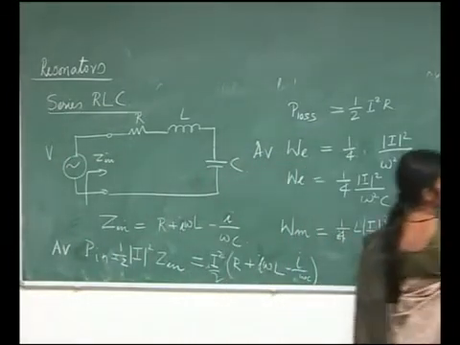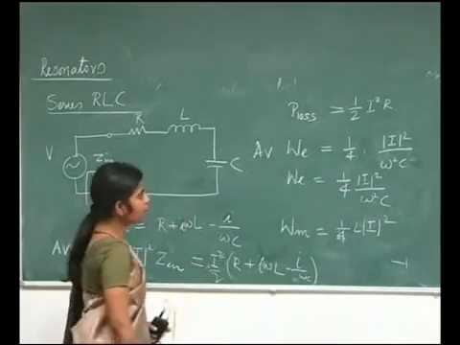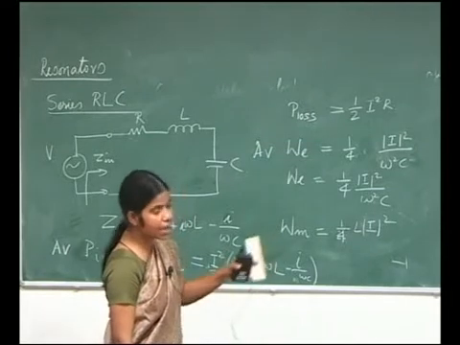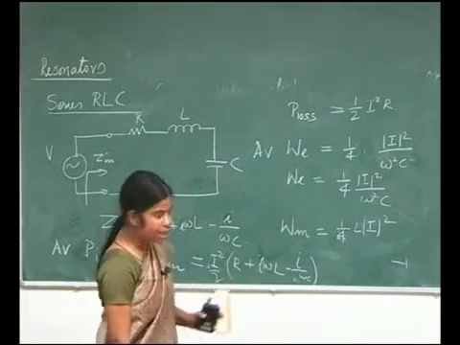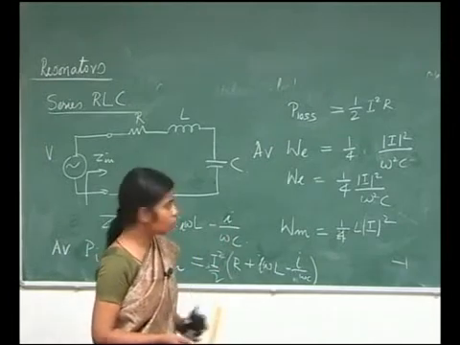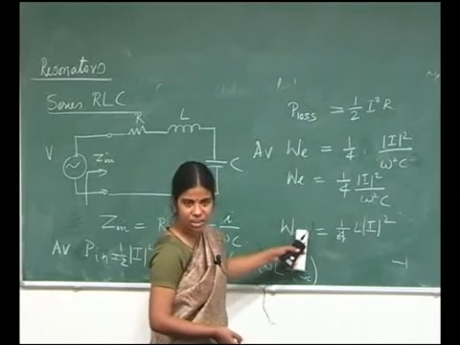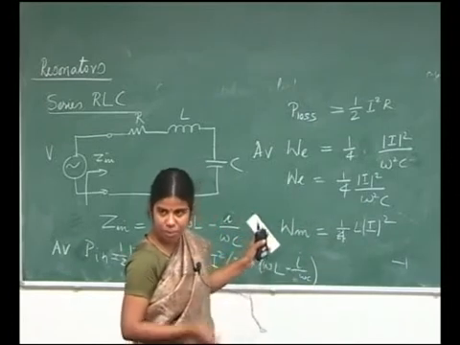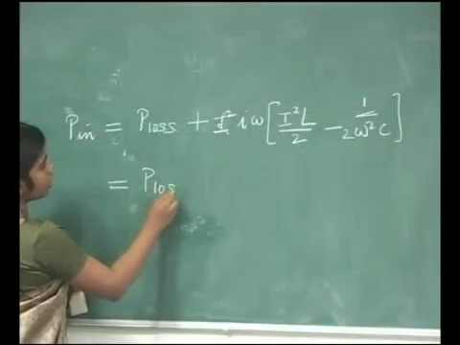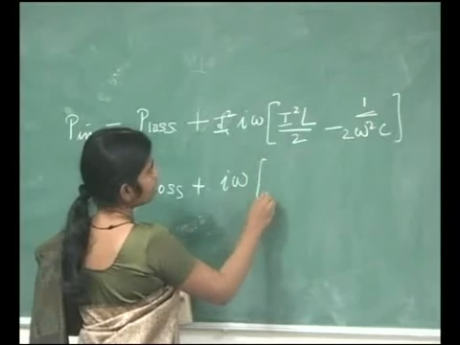So here I have written this is P loss, I square R by 2 is P loss, and then I take here j omega common, so I have I square L by 2, which is equal to 2 omega Wm. It is twice the magnetic energy stored in the inductor per cycle. Okay, so I can write here this is equal to P loss plus I keep j omega outside.